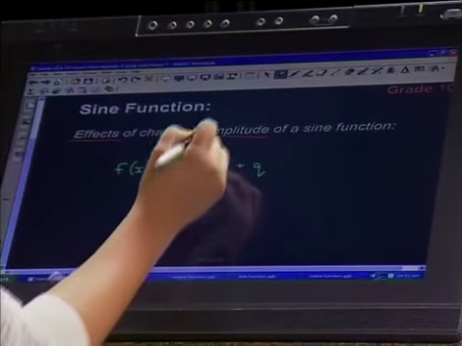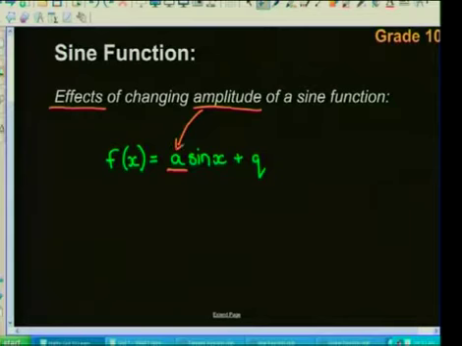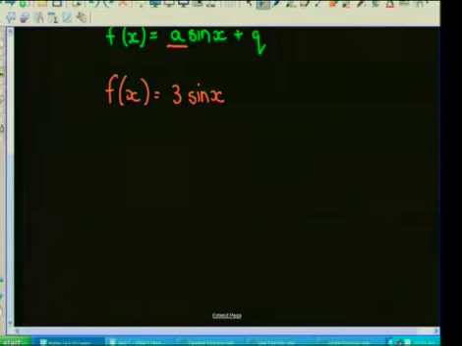For example, if I were to give you the equation f of x is equal to 3 sine x, we are going to assume that q for now is plus 0, because q has a different effect that we're not going to deal with just yet.